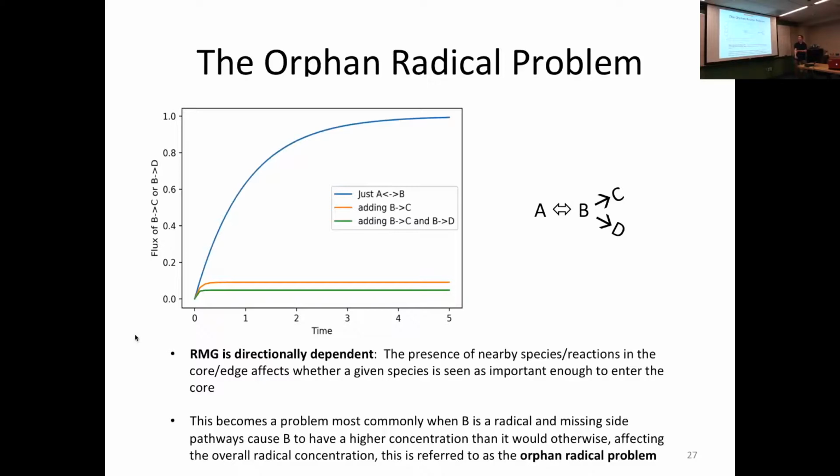What it does is it causes RMG to add the direct pathways and miss a lot of the side pathways that have a really strong impact on the concentrations of the radical species. Any questions on this? Honestly, I think this is probably one of the most interesting things I get to talk about.